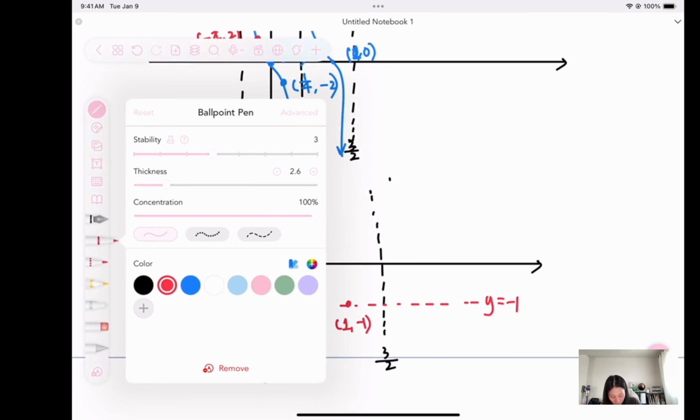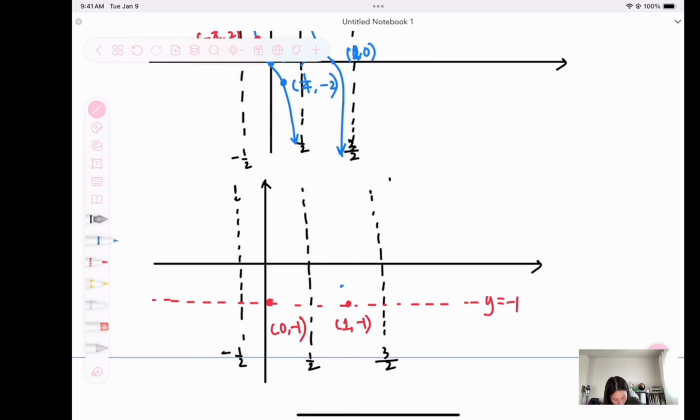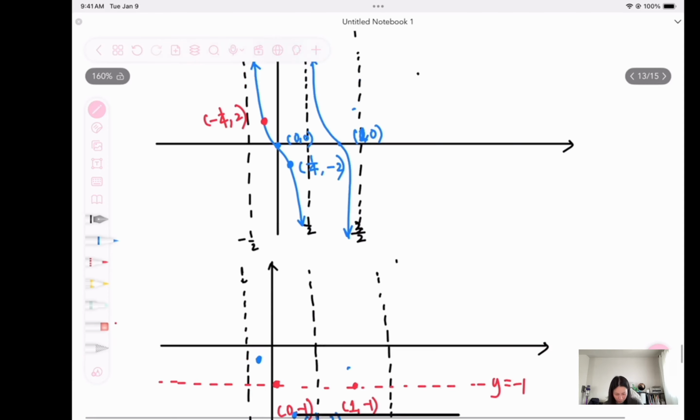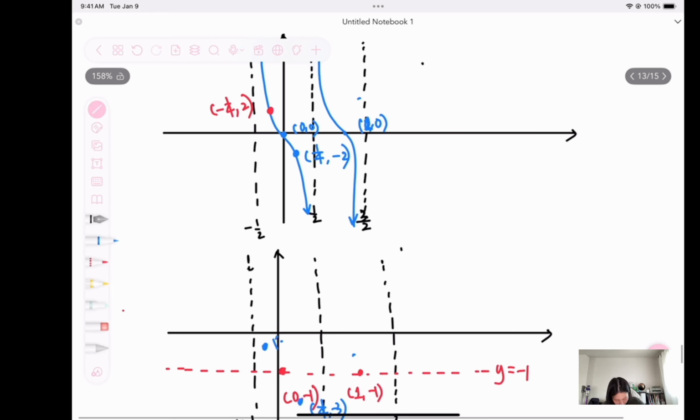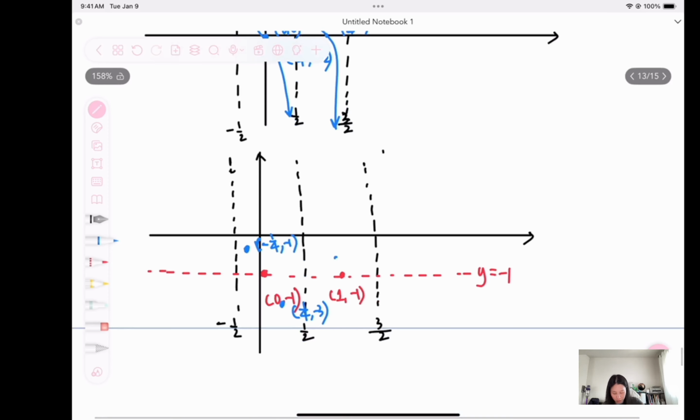So that means the first one will be in here. The coordinate should be 1/4, and then -2 minus 1 gives you -3. And then the top midpoint should be from -1/4, and then 2 minus 1 gives you -1. Okay, I didn't draw the best graph, but here, that should be your new graph.